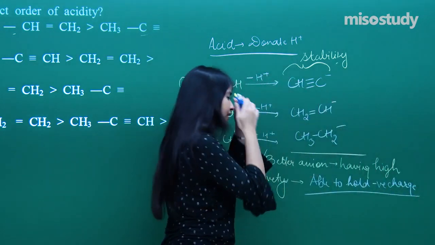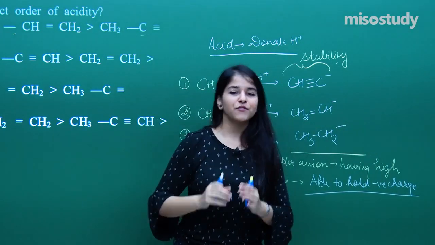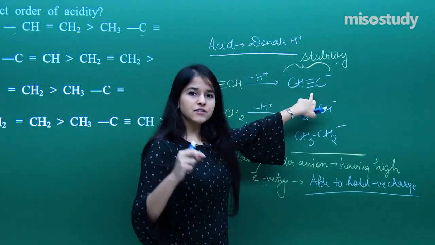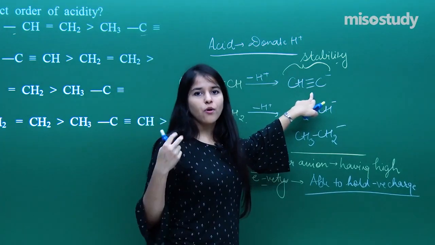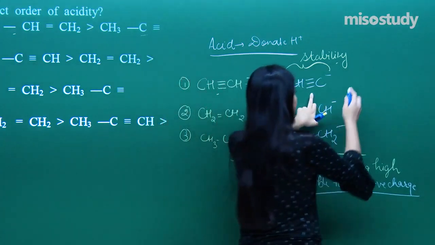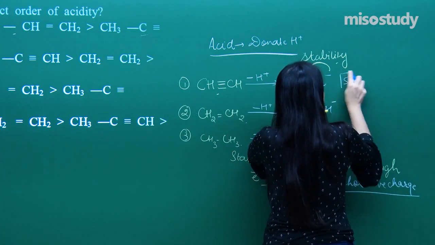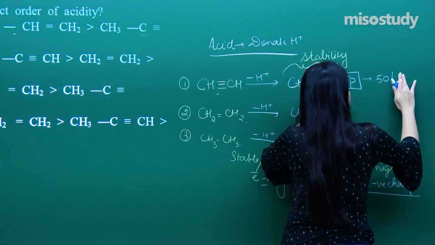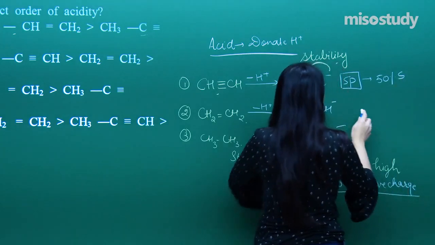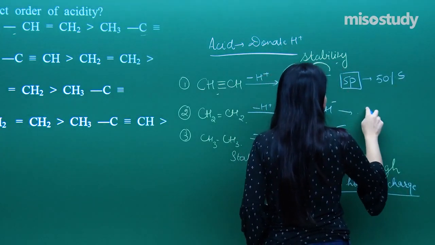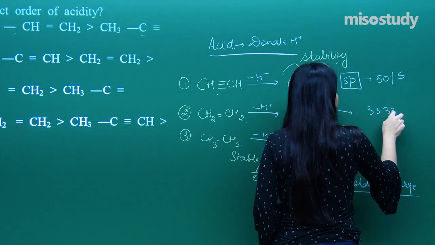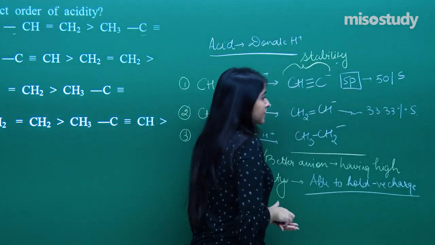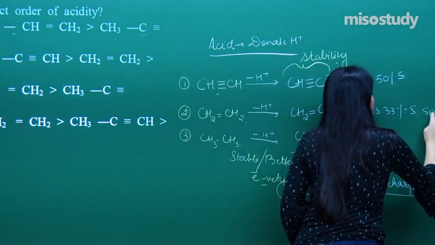If you see here very carefully, on the basis of s character we have got the answer. Alkynes, that means the triple bond, always have the highest s character. This is sp hybridized having 50% s character. And here I have 33.33%, approximately, that means this is sp2 hybridized.